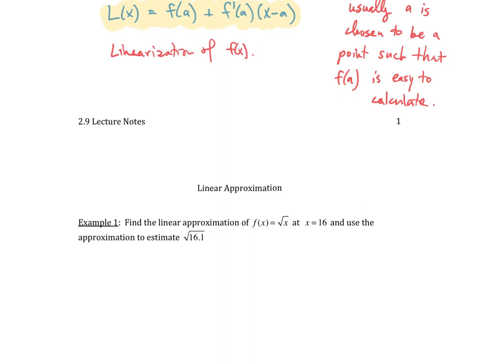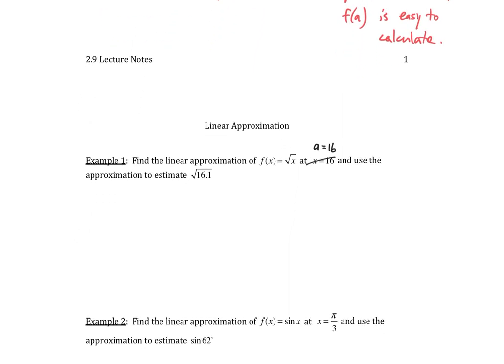So in this case, they gave us this point where we're supposed to calculate it at. In fact, I would say that we should really have written this as a equal to 16. And 16 is a good point to choose because 16 is really close to 16.1, and I happen to know what the square root of 16 is. So this is what I mean when I say usually a is chosen to be a point such that f of a is easy to calculate. So let's solve this problem.